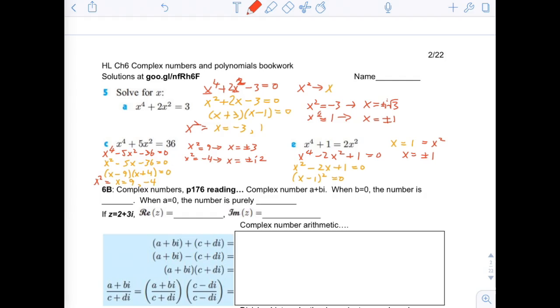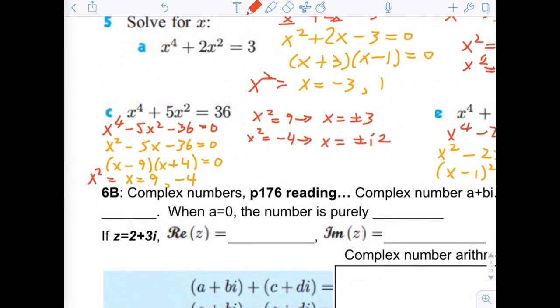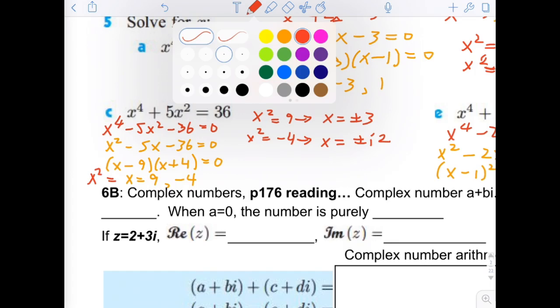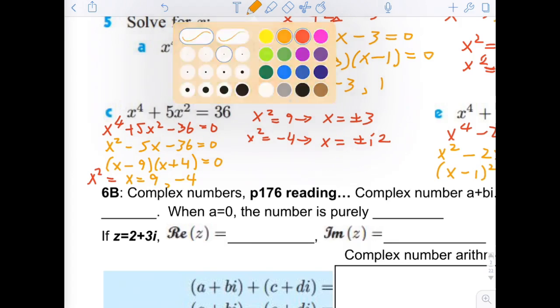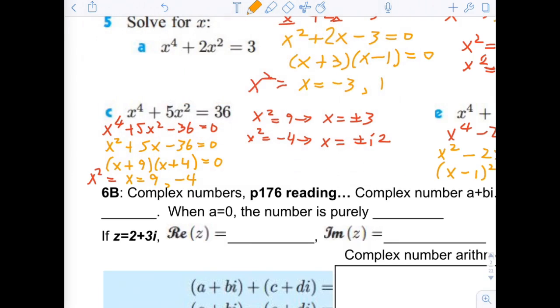Just notice I made a mistake in C. In C, when I factored it, it should be x plus 9. Do you see what I did here? This should be plus 5. This should be plus 5. This should be plus 9.